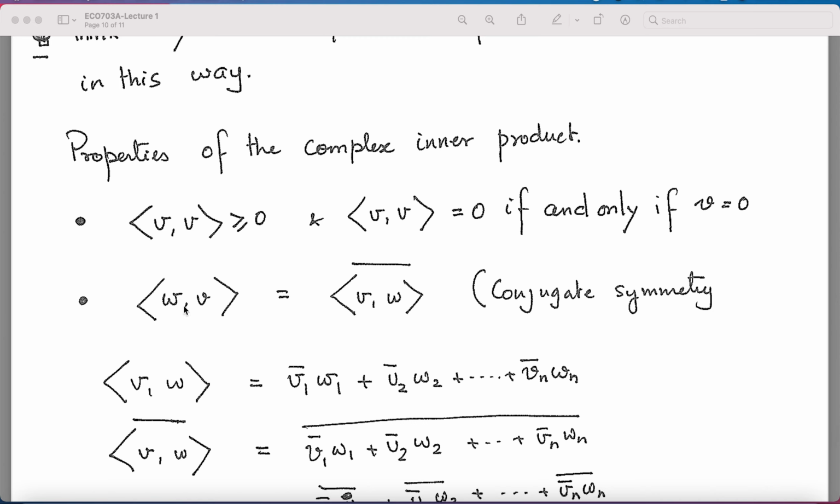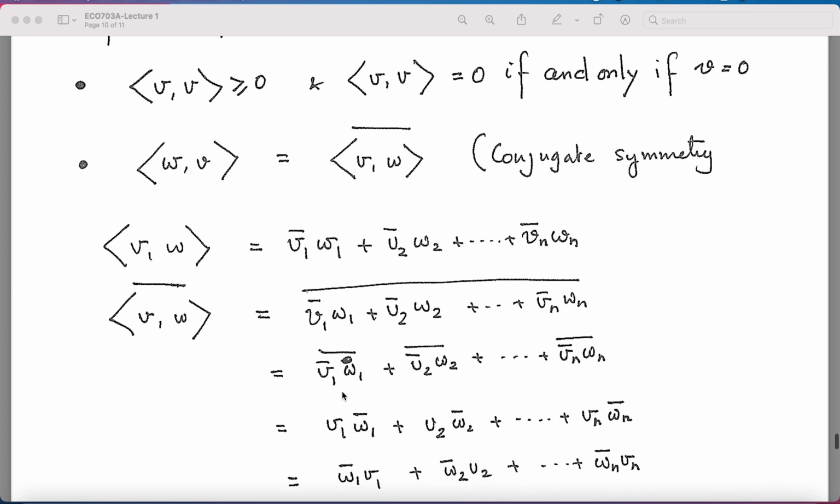Now, wv is not equal to vw, here the symmetry is not maintained, but a conjugate symmetry is maintained. I worked it out, it is very simple.